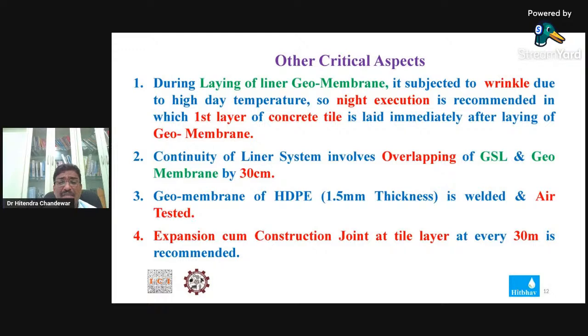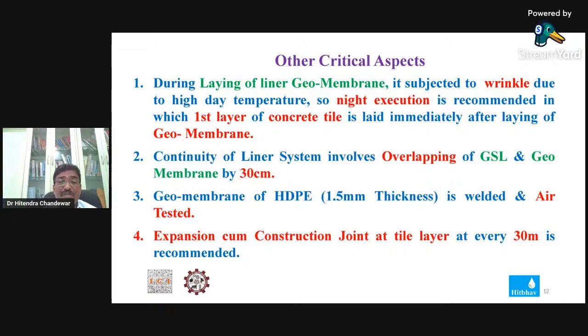Just after 7 or 8 p.m. it gets very cold. So laying the geomembrane, which is just an HDPE film, in such a hot and cold region is a very difficult task because wrinkles form on the geomembrane.